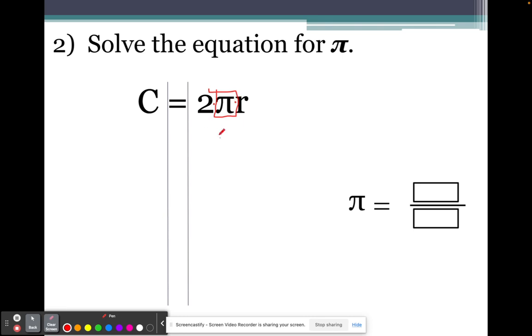My goal is to get this pi by itself, so I can get rid of the 2 by dividing by 2, but I can also get rid of the r at the same time, since that's also multiplication, by dividing by r. Do the same thing over here, 2r.